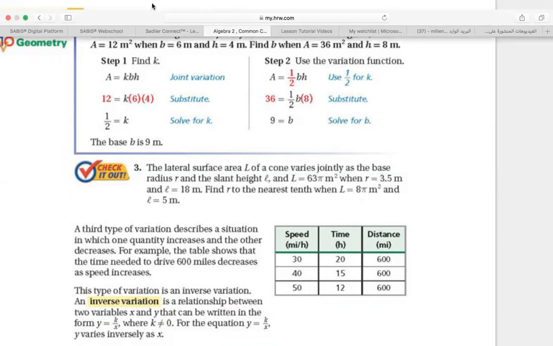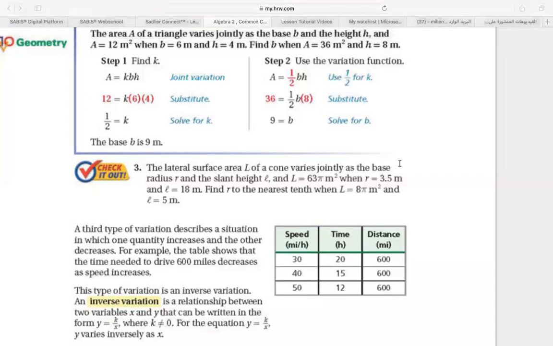So first of all, I have to write the variation function here. Surface area L equals k, varies jointly as the base R and height l. So it varies with R and small l.